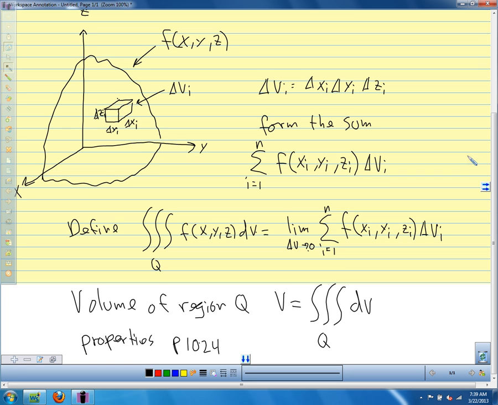Usually when you're doing triple integrals in rectangular coordinates, you're going to represent dV as dz dx dy, or dz dy dx. Usually the z is going to come first. So I'm just going to write out one example of how we evaluate triple integrals, and just realize that we can permute the dx, dy, and dz in 6 different ways.